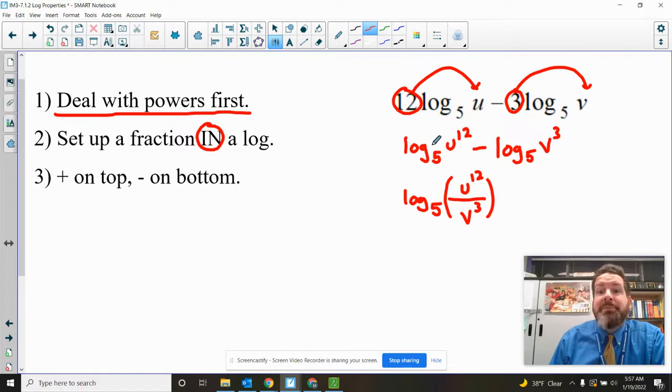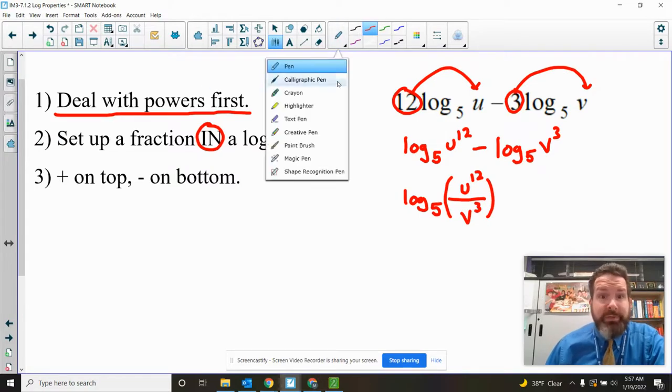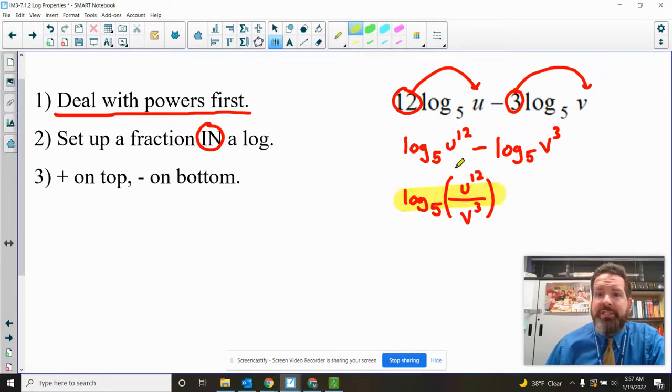So minus between logs is divide when they are together. Once you've done that, you're all finished. And just like that, you took two logs that were separate and put them into a single log. So powers first, coefficients in front as exponents, then set up a fraction, positive log stuff on the top, negative log stuff on the bottom.